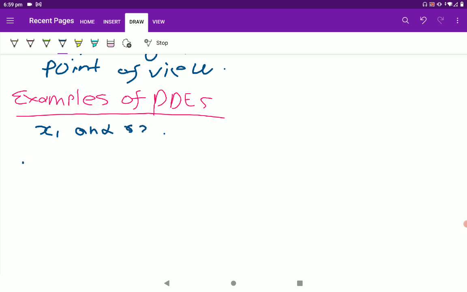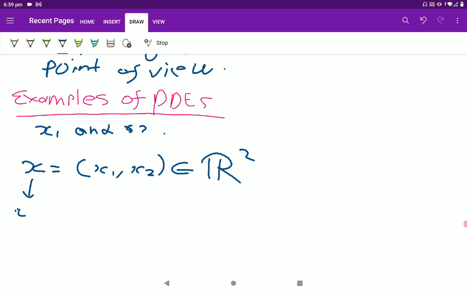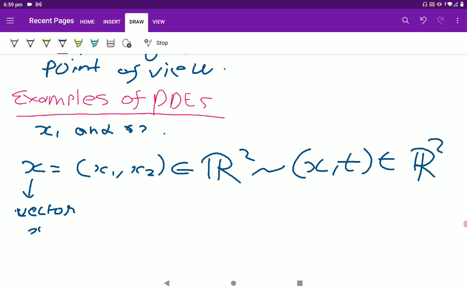So we can write x = (x1, x2), which is an element of real space. This is the vector x you saw earlier in the equation, and we can also write it as a function of x and t. So this also belongs to the domain.